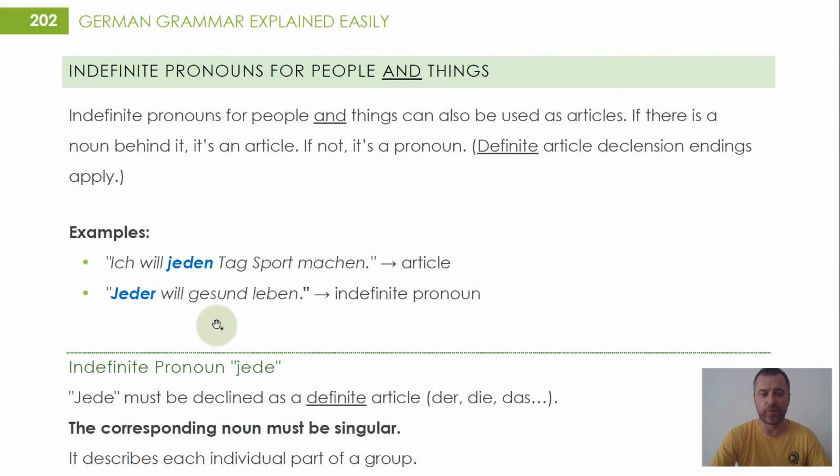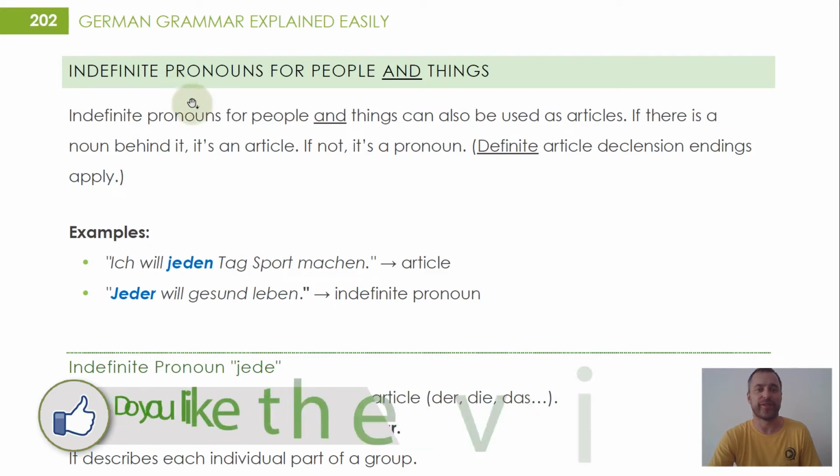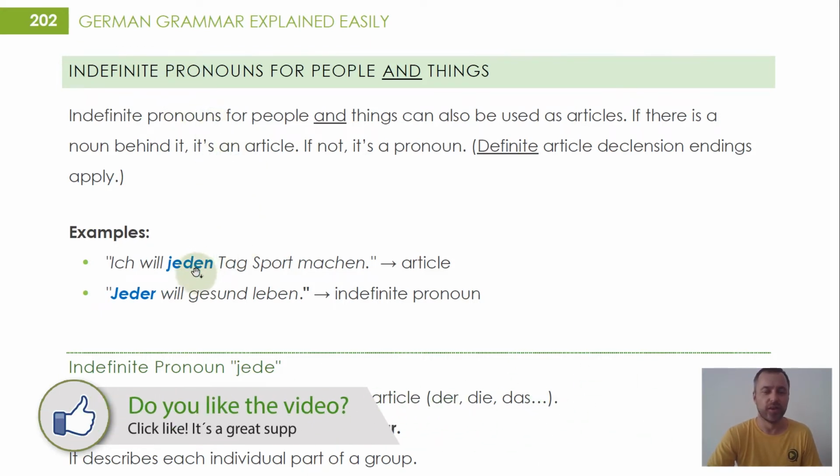But you don't have to worry about it too much because the declension is actually the same. It's always, pay attention, the ending of definite articles. Yes, it makes somewhat no sense. You should use the indefinite article endings, but no. You always use endings of definite articles.